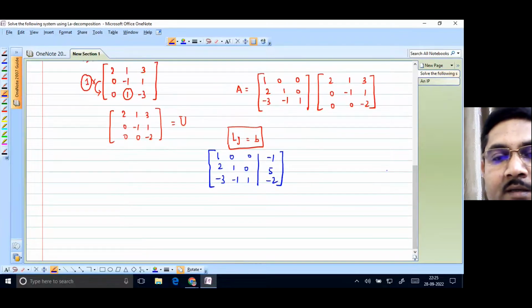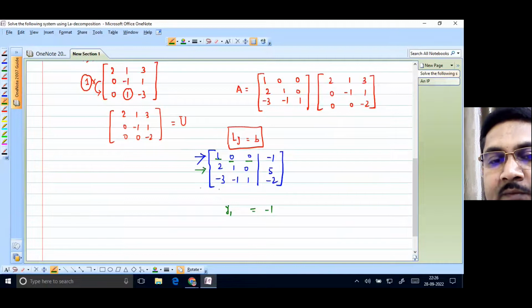But here, because you have a lower triangular matrix, I will use forward substitution. So let us see how we can implement forward substitution. First, I am writing the equations. The first row will tell you that 1 into y1 is y1, 0 y2, 0 y3 equal to minus 1. So y1 I am getting as minus 1.